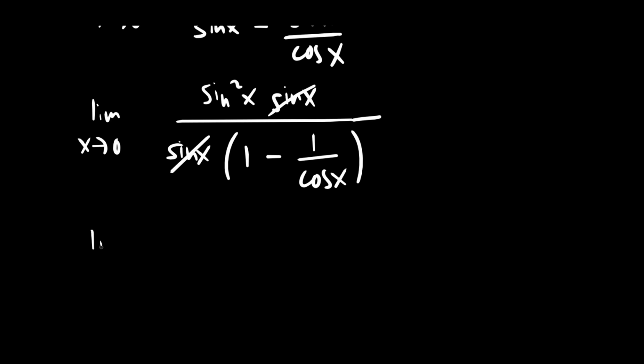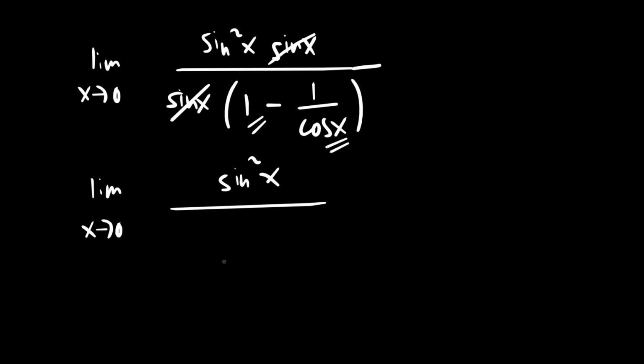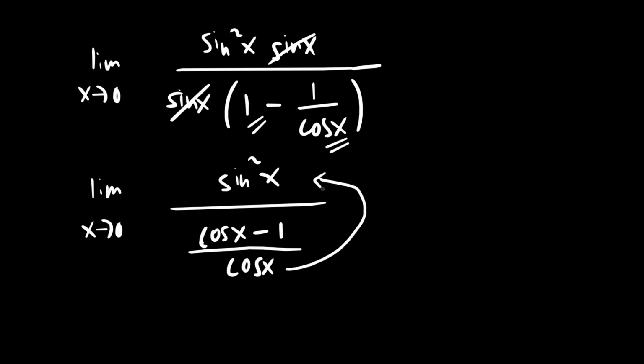The remaining will be limit as x approaches 0 of sine squared x over, combining the two terms, cosine x minus 1 over cosine x, which puts cosine x at the numerator.